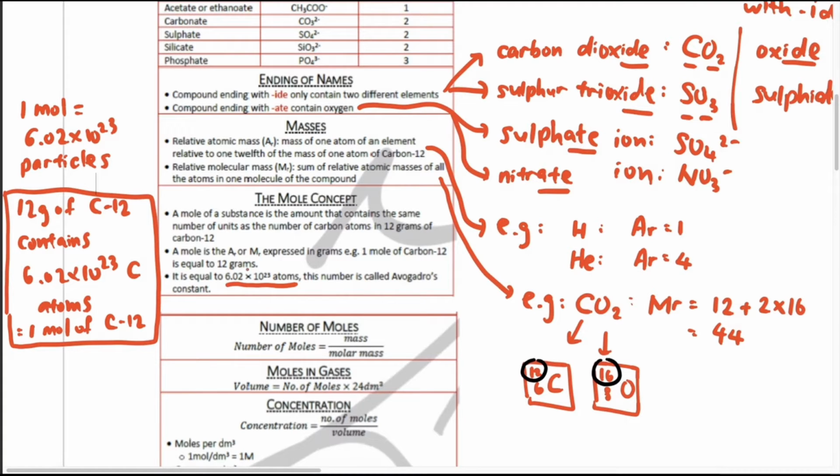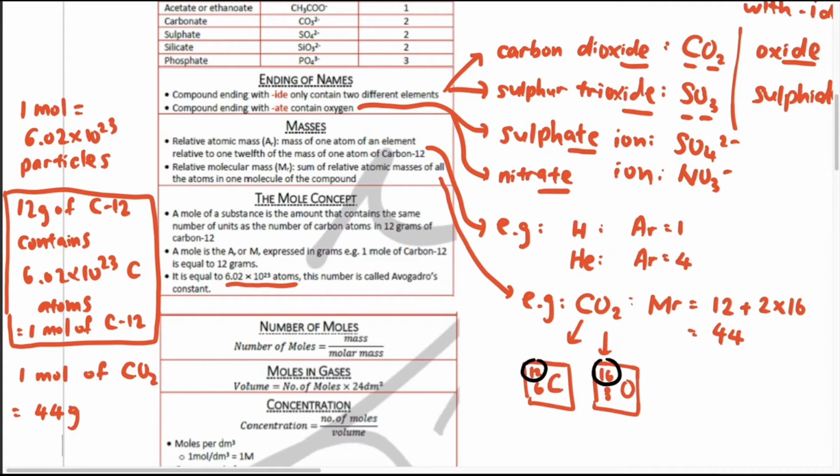This concept of 1 mole is important because if you want to know the mass of 1 mole, it is straight away equal to the relative atomic mass or the relative molecular mass. So for example, if I have 1 mole of carbon dioxide, you look at the Mr of carbon dioxide, which is 44. So 1 mole of carbon dioxide is actually 44 gram.